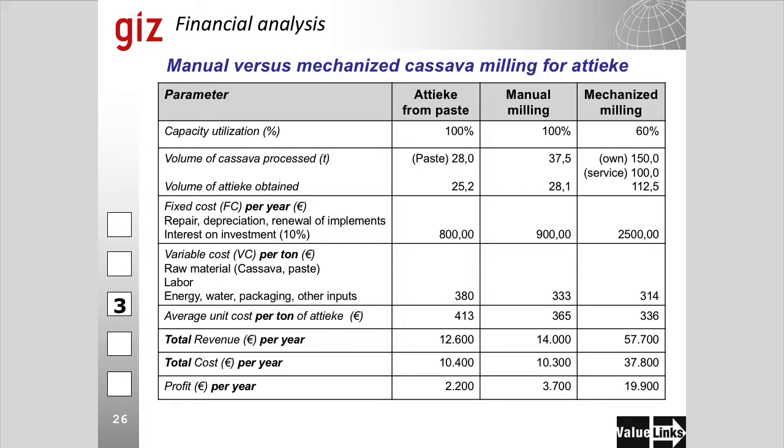Labor needs to be utilized for the manual milling. And we have, of course, a higher efficiency in mechanized milling. And therefore, the unit cost goes down. The volume goes up. Prices are the same for both types.